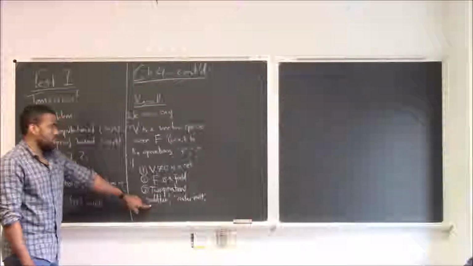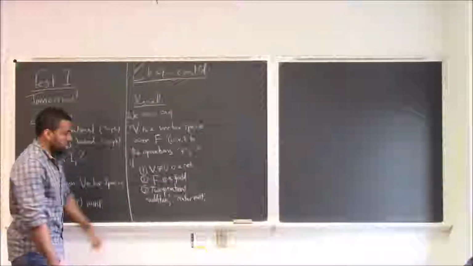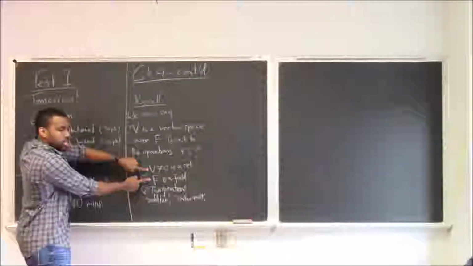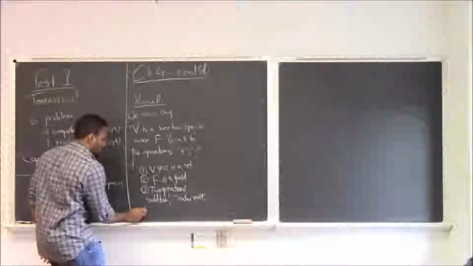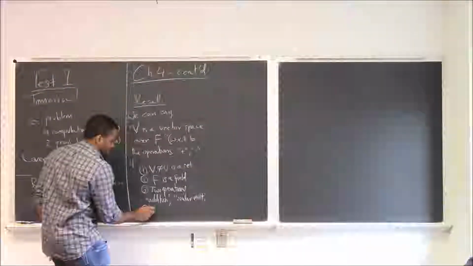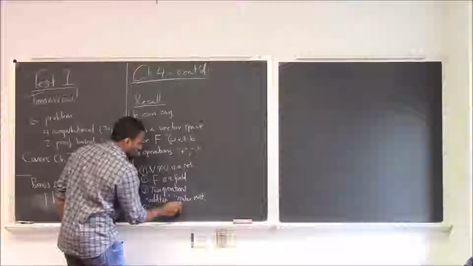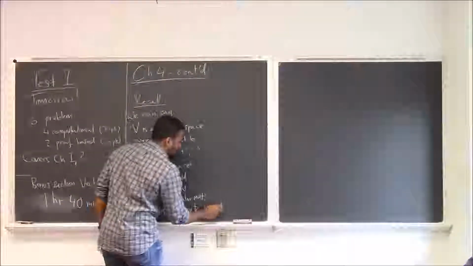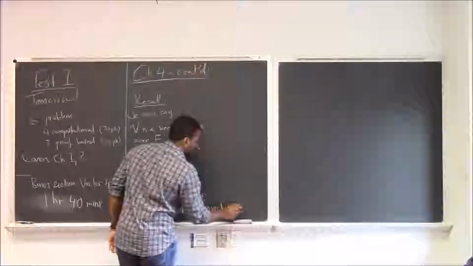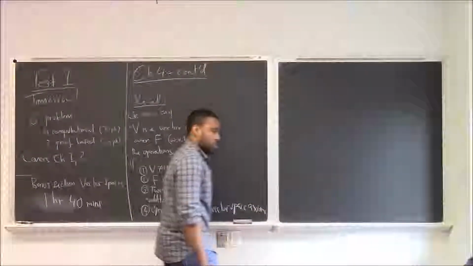Addition is an operation that combines 2 vectors and creates a 3rd vector. Scalar multiplication is a rule that combines a scalar and a vector to form another vector. And the operations obey the 10 rules. There are 10 vector space axioms, and it must obey these rules.